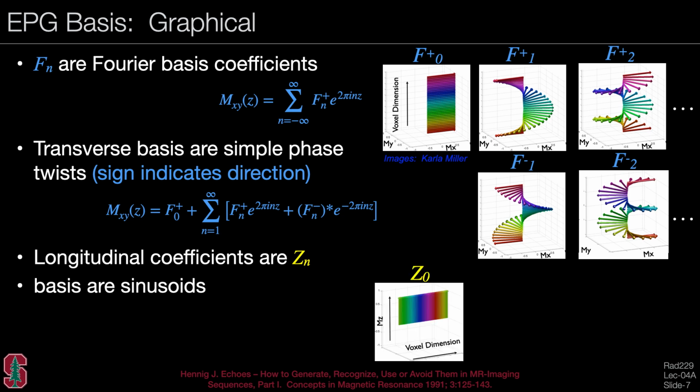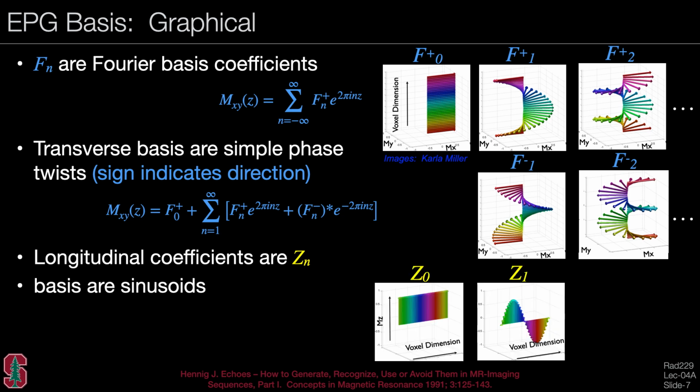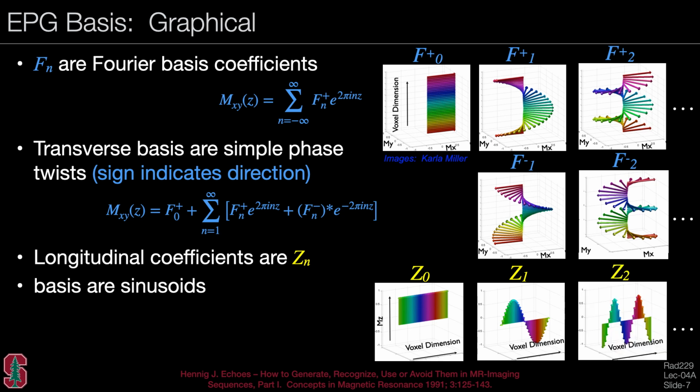And these look like this: z0, z1 is a single cycle, and z2 are multiple cycles. The transformation is again more or less a Fourier transform with some scaling, since this is a one-sided Fourier transform. So we will look at examples of these shortly.